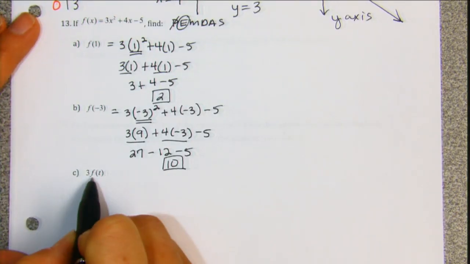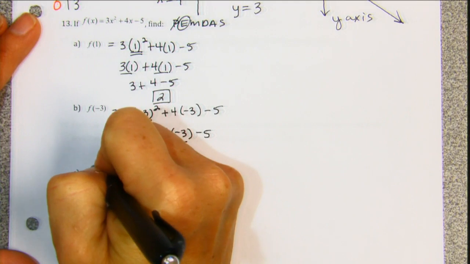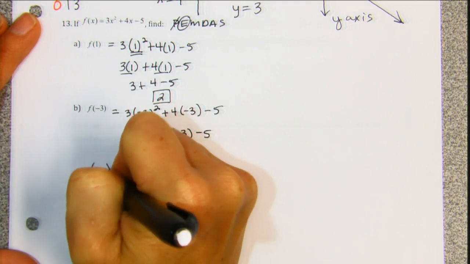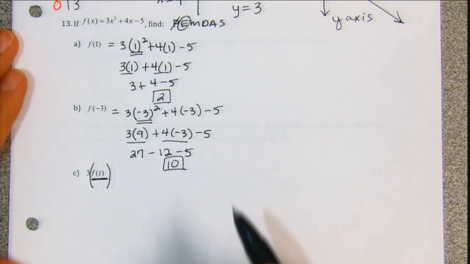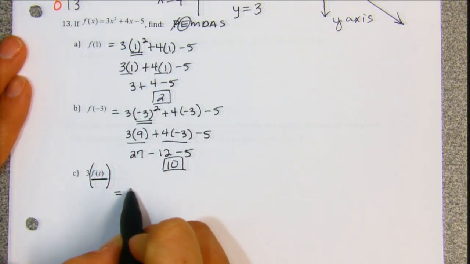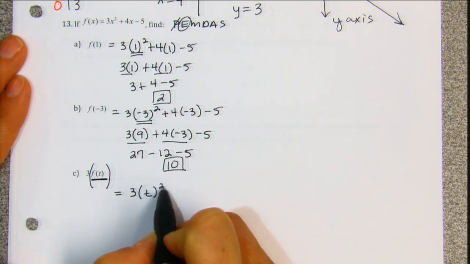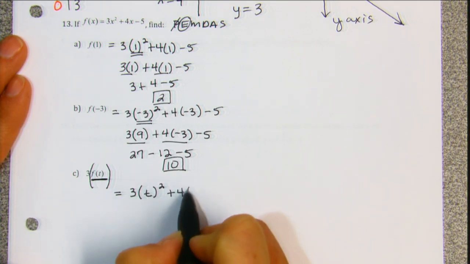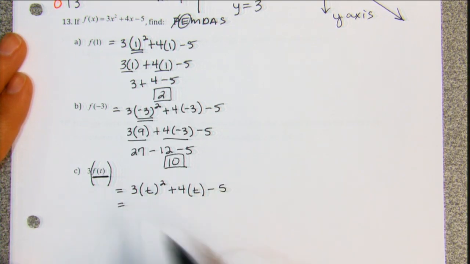And then this one, if you'll just pay attention to plugging t in for x, then we would multiply it all by 3 if you need to separate that so your eyes can understand what's happening. The t is the only thing that's replacing your x in the function. So this would be like saying 3 times t squared plus 4 times t minus 5.